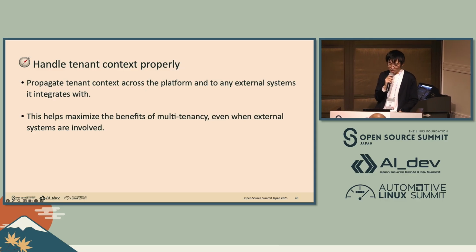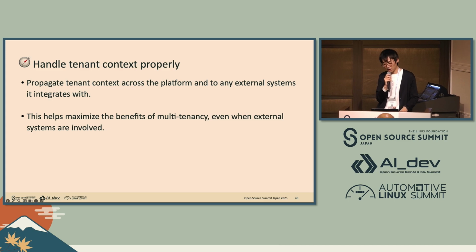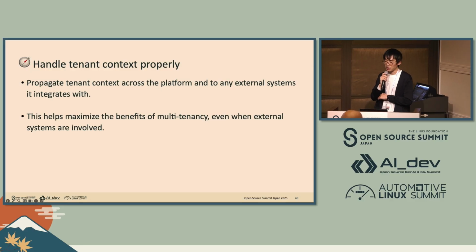If we propagate the tenant context through the platform and even to external systems that integrate with it, we can get the most value out of multi-tenancy. What this means in practice will be easier to understand with a concrete example. So I'll explain the example of matrix pipeline of our platform in the next slide.